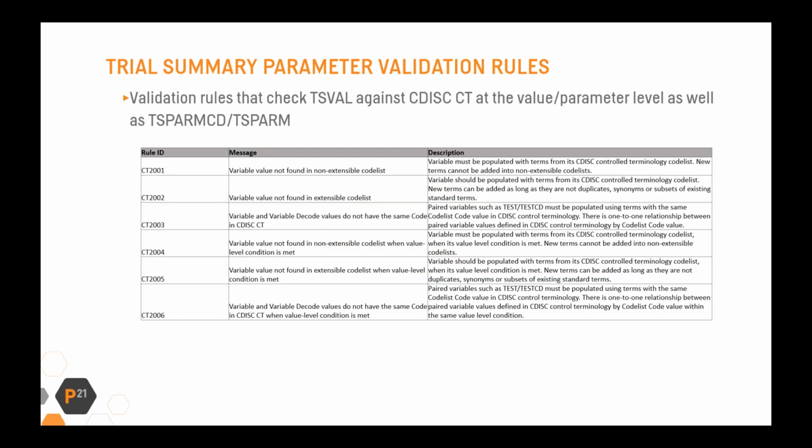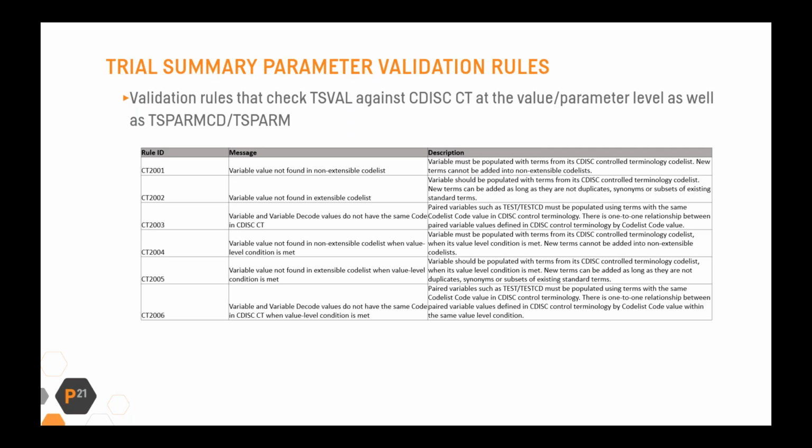We also have validation rules that check against the CDISC controlled terminology at the value and parameter level, as well as checking the values of TSPARM code and TSPARM. So I'm sure a lot of industry is familiar with CT2001, variable value not found in a non-extensible code list.